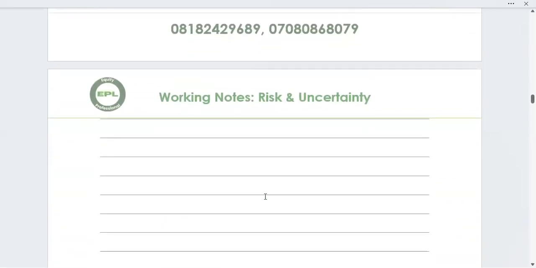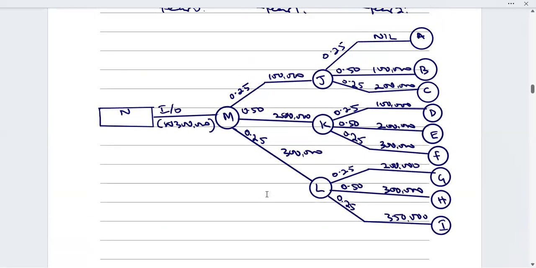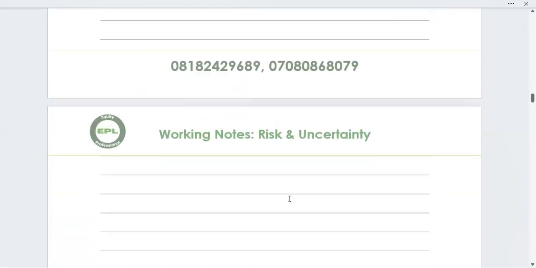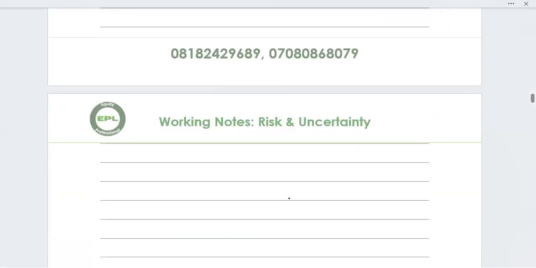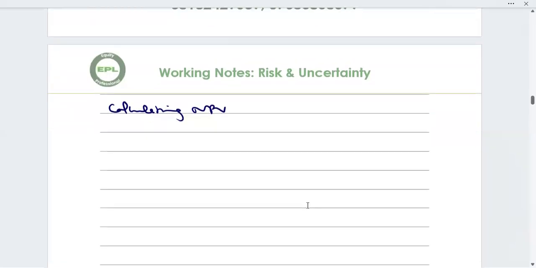So at this point, I want to calculate NPV for node A. So I will say calculating net present value, node A. Create a column for year, cash flow, discount factor at 10%, then the present value.